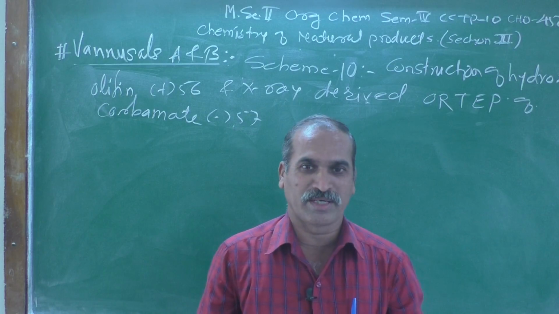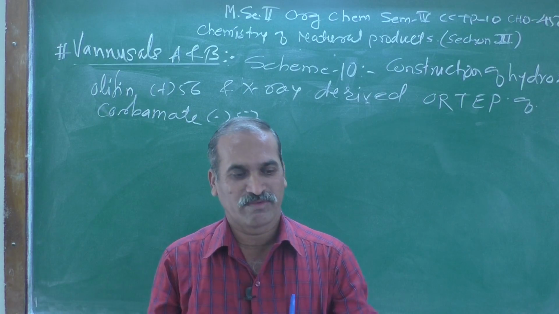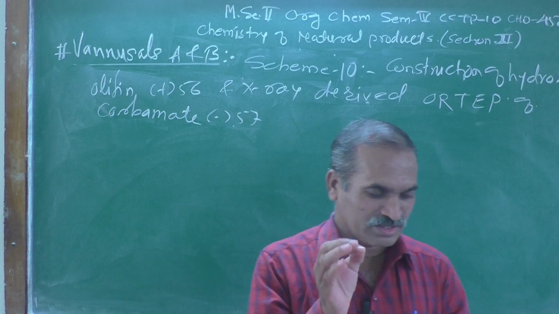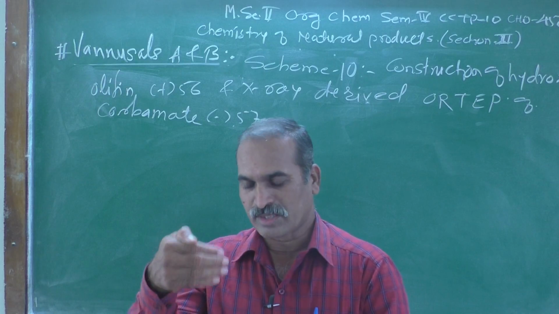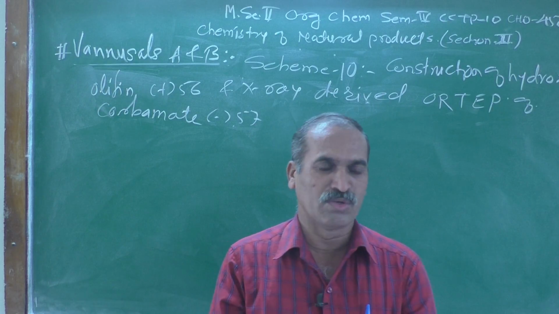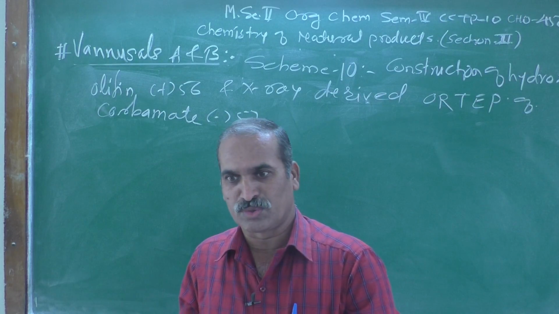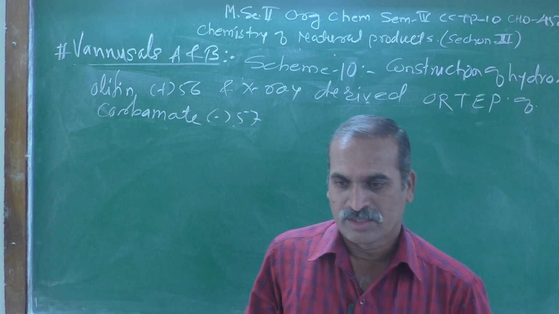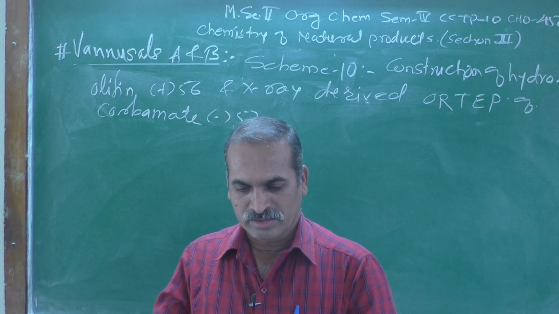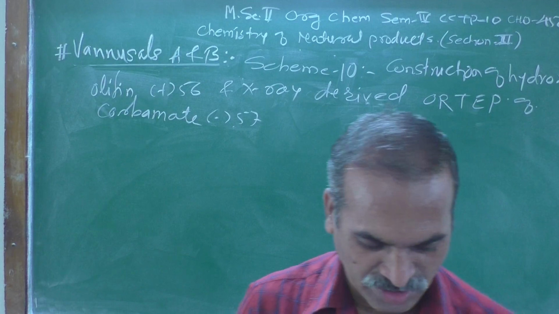Do you remember what we were discussing yesterday? I think we were discussing scheme number 10, where we saw how one compound, one structure, is converted into another structure by using the proper reagent and maintaining suitable reaction conditions.